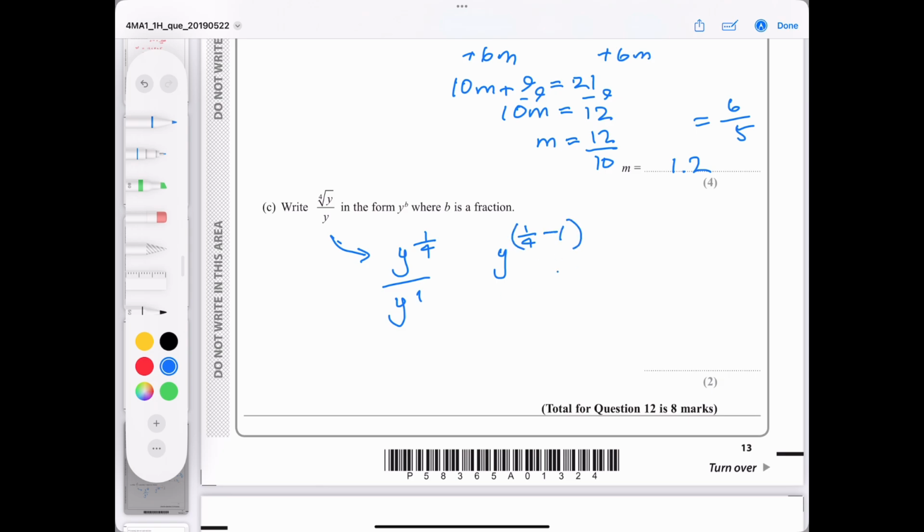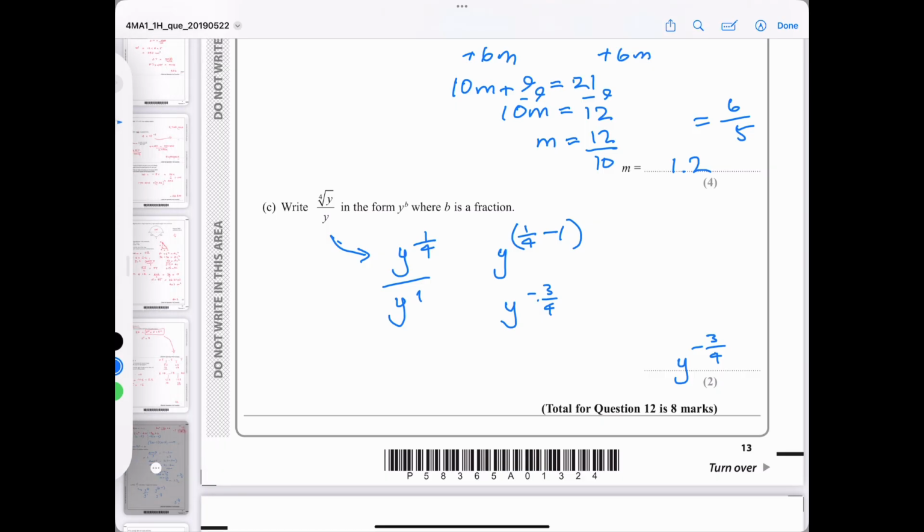Because you could do this when it was e9 over e5. So y to the quarter minus 1 would be minus 3/4. And that's your answer. I don't know if we just needed to write b as a fraction, but anyway, that will work.